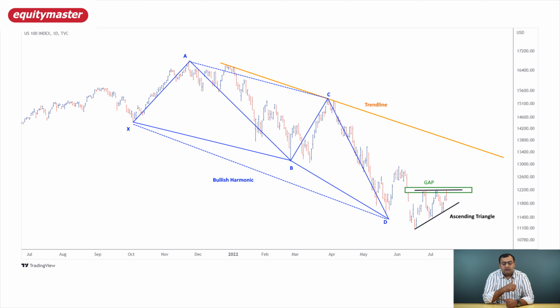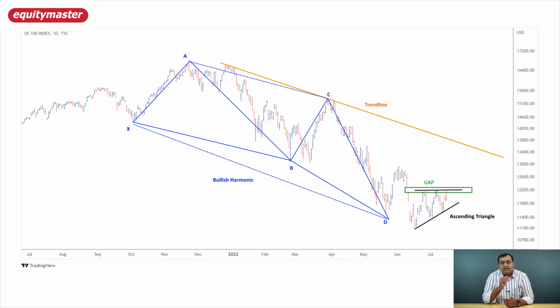First, the blue over here is a bullish harmonic pattern called the bullish black swan, and though the reversal went around 3-4% down, we have seen a sign of reversal. Second, the green gap area is a minor resistance for the bulls to take out, along with the ascending triangle, the black one, which is the ascending triangle structure.